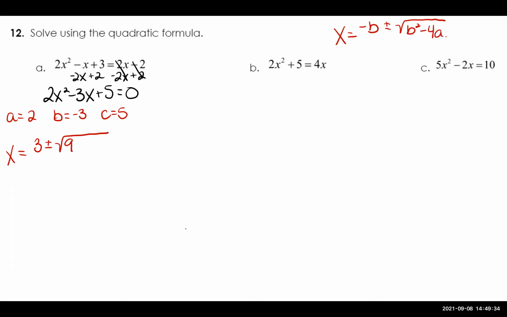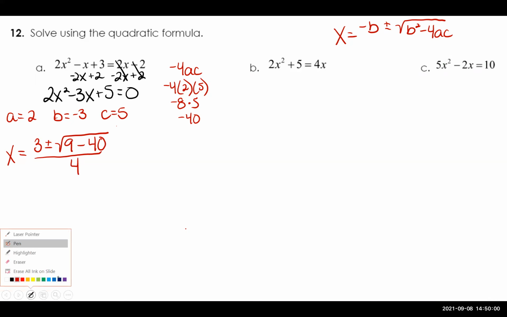Then we have minus 4ac, which would be -4 times 2 times 5, looking at my a and my c. So that would be -8 times 5, which is -40. So there's going to be a -40 here. And this is all over 2a. If a is 2, 2 times 2 is 4.